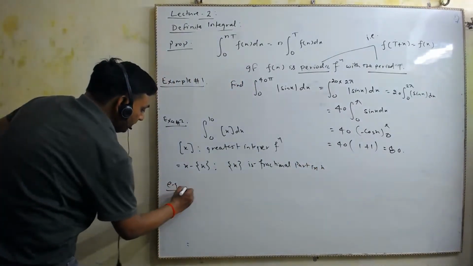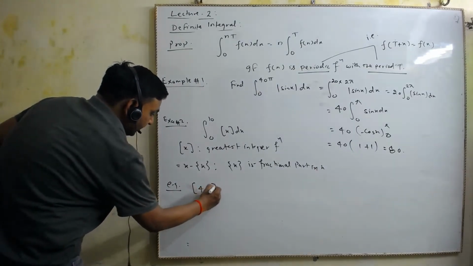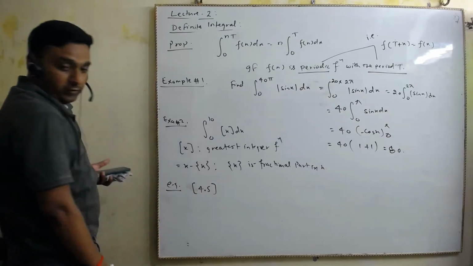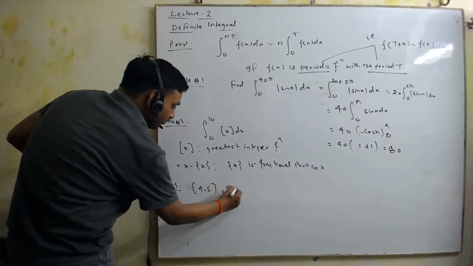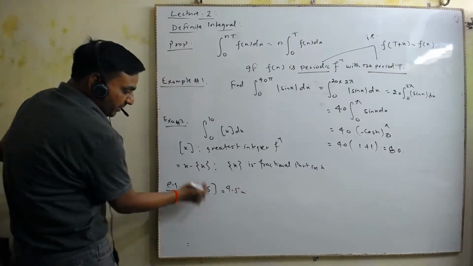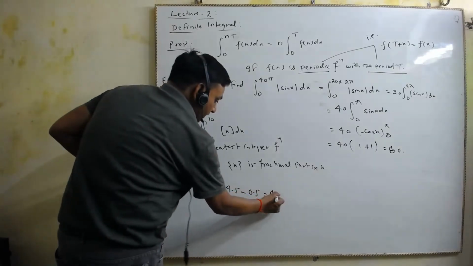For example, if you want to find the greatest integer of 4.5, it will be x minus the fractional part, which is 0.5, so that will be 4.